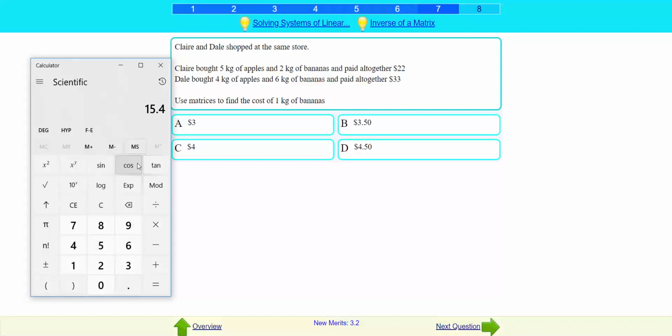Now it's a 15.4, we divide that by 4.4, we should get 3.5, not 11. So the banana is actually $3.5, which is b.